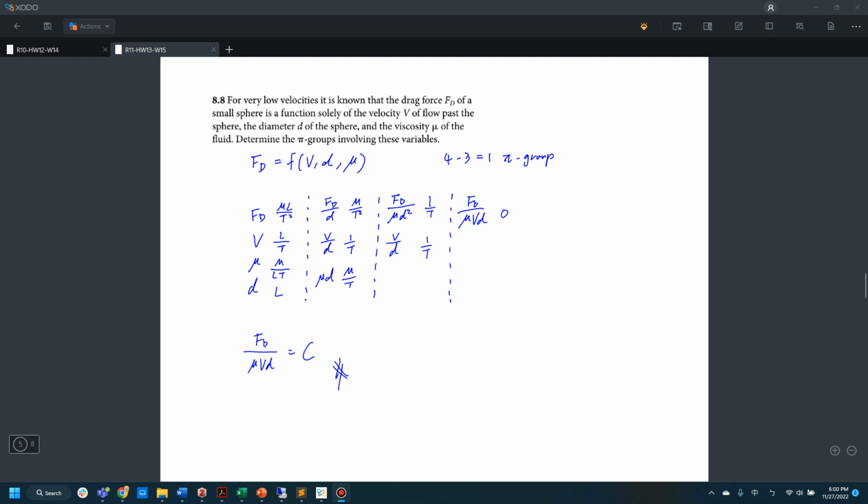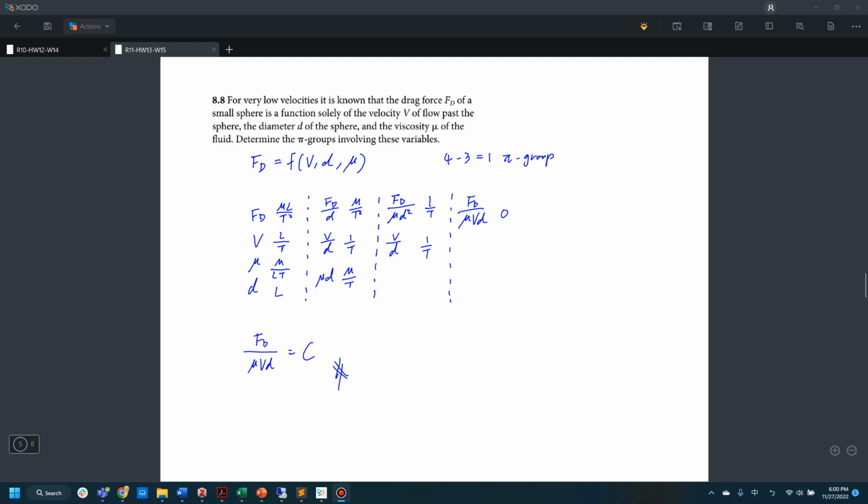After that, you can choose the next unit you want to remove. In this case we want to remove M, and only the Fd divided by d term involves M. To do that, you just divide this term by mu d. So we have the new column here.